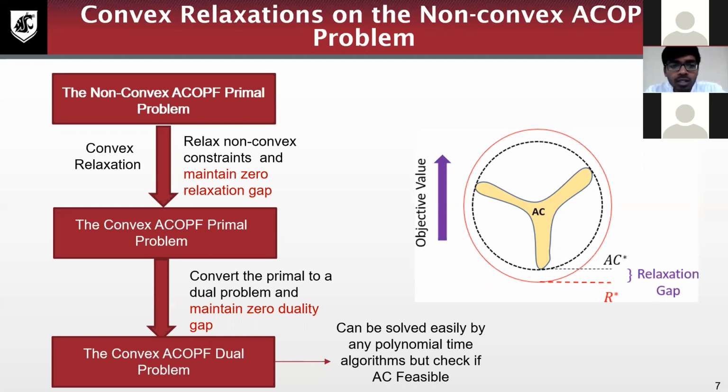So in terms of power systems, we have to convert the original non-convex primal problem to a convex ACOPF dual problem, and then find a solution. Finding a solution means we have to find the voltage magnitudes, the bus voltage angles, and the power injections of each node.